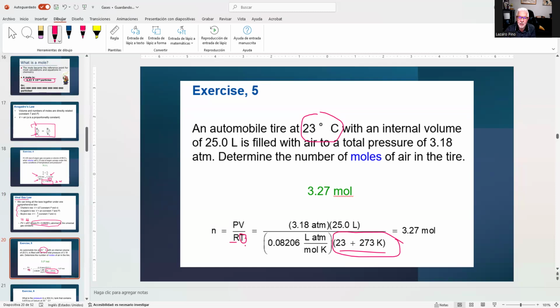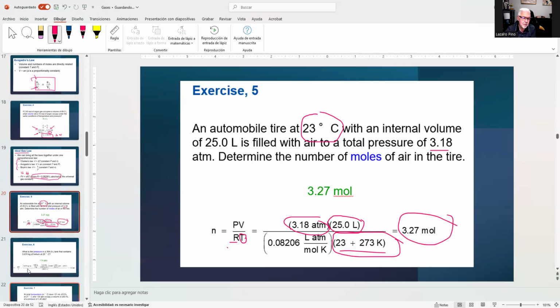You have the constant of a gas here, the volume is 25 liters, and the pressure is 3.18 atmosphere. Then you multiply and divide, and you get that your answer is 3.27 moles.